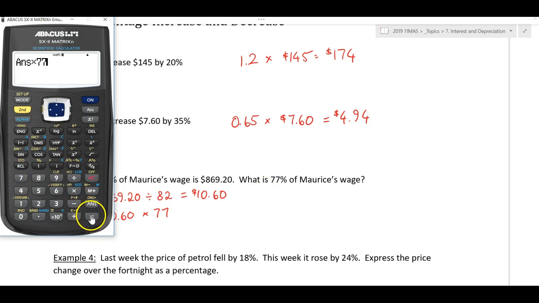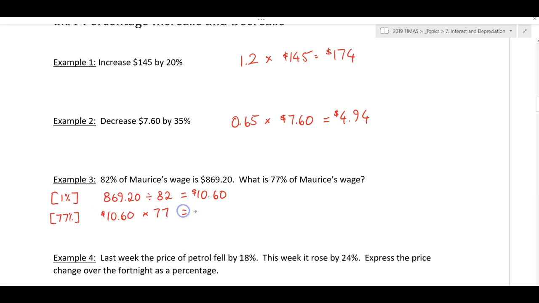Of course, you could do all of that in one go, but it steps away from this idea of the unitary method and makes it a little less clear what we're doing. So $816.20. So find 1% first in that case.